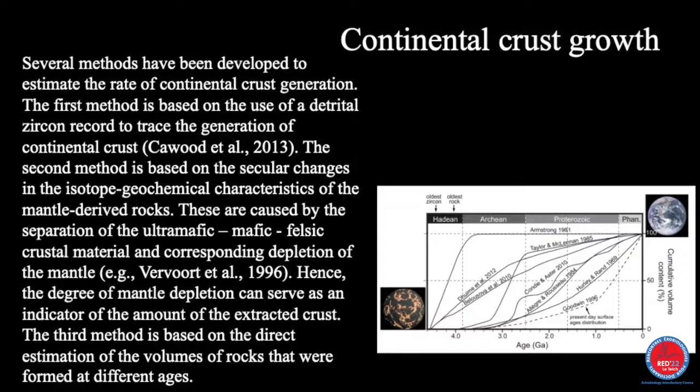So what was the assumption used to speculate about the crust volume extracted? The first one is that we used zircons. We call them zircons because I told you that zircons may provide us a lot of pieces of information about the early period of crust extraction.